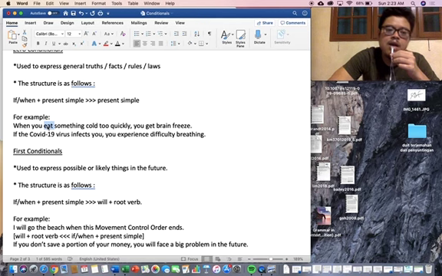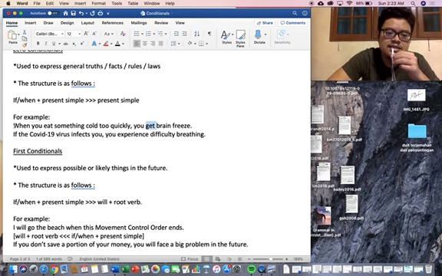This is in the present simple, and this is the when or the if clause, right? The conditional clause. And then you look at the second clause, you get brain freeze, right? So get here is a verb, and it is in the present simple as well.